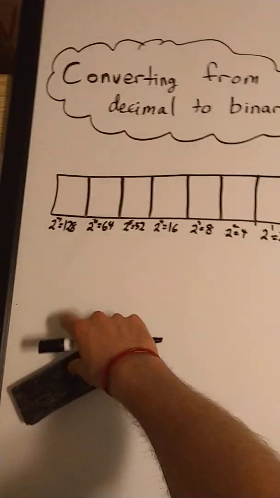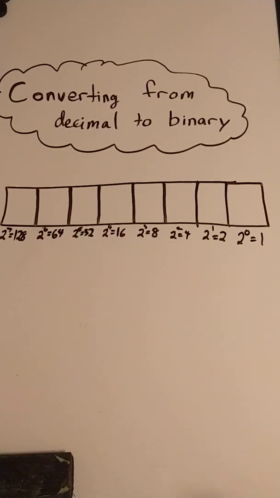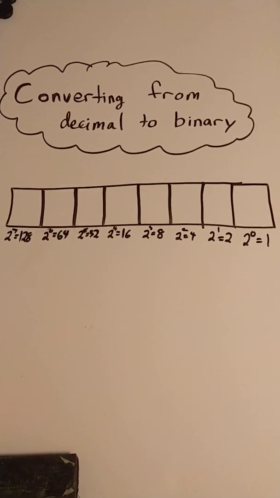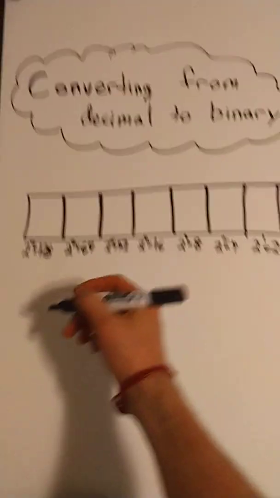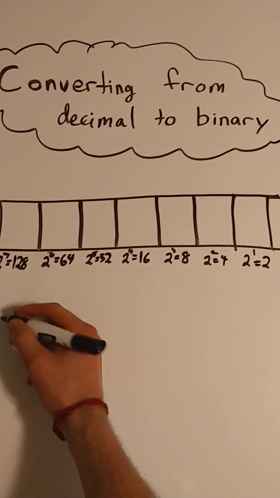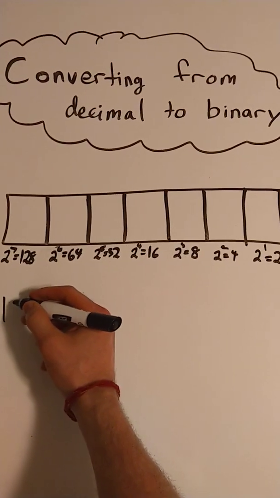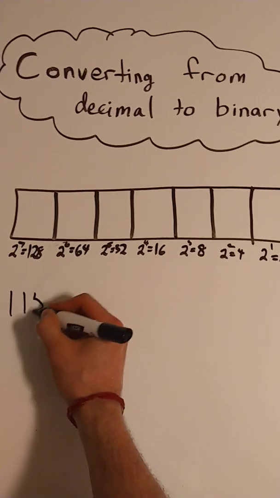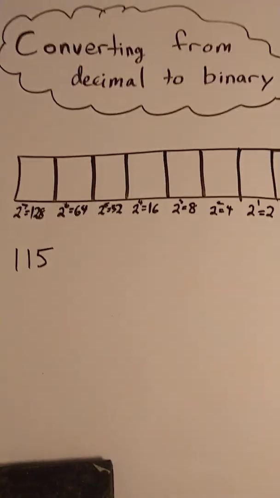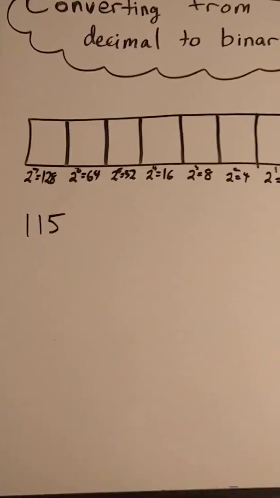Okay, so there we go. If I zoom out here, we have our box set up. Now we're going to take a number. Let's say we take the number 115. That's our decimal number, and our hope is to convert it to binary.